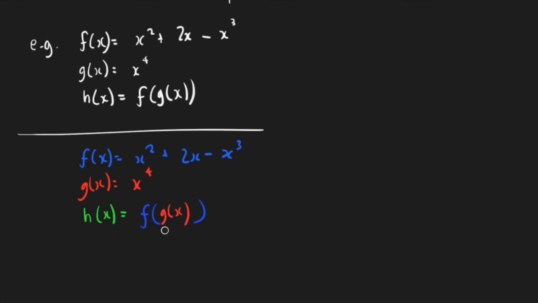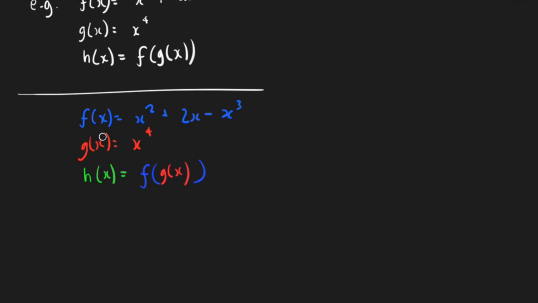You might already see how I can put that in there, but I just want to make it clear that to find out what h of x is in its simplest form, what you would do is get g of x, and wherever there is an x in f of x, you sub in g of x.